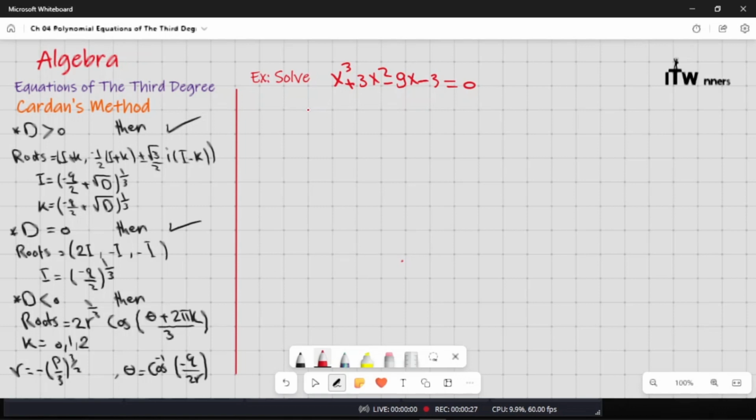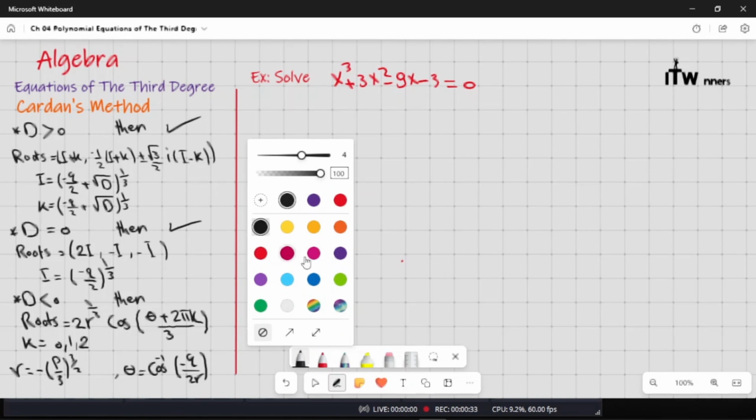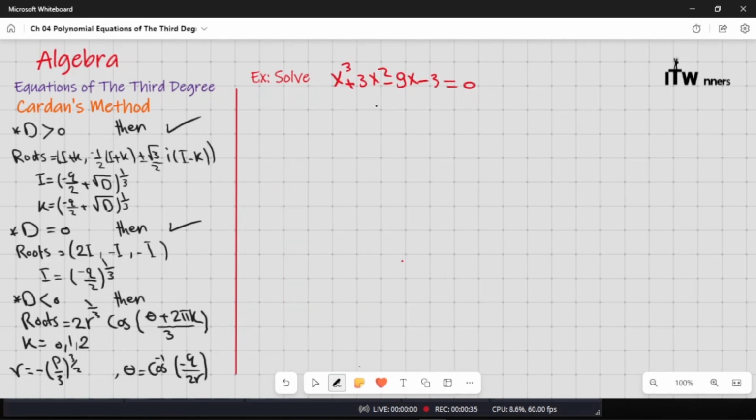Okay, so the first step. Step 1, we have here b1 equal to 3, b2 equal to negative 9, b3 equal to negative 3.